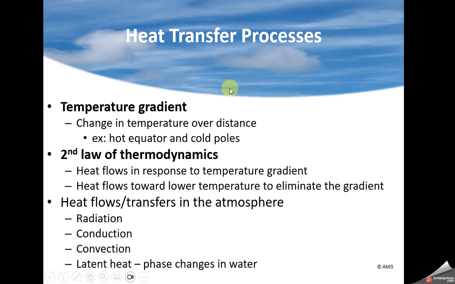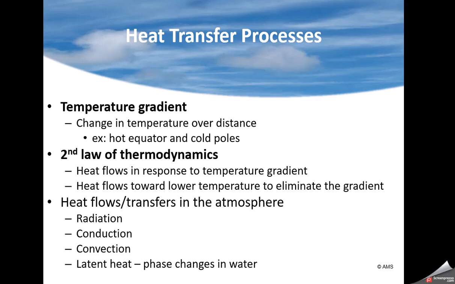So one of the things is that there's a temperature gradient. There's a temperature gradient in the atmosphere. There's a temperature gradient, for example, if you're cooking food and look over a hot stove. If you go out in the direct sunlight, it's going to be a lot hotter than if you're in the shade. There's a temperature gradient there.